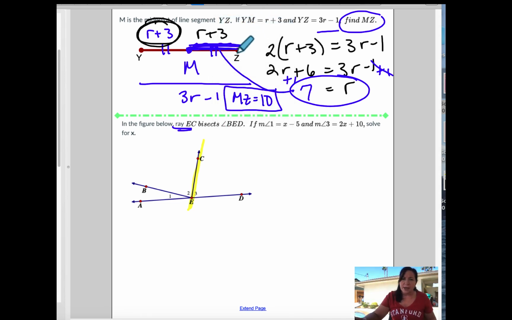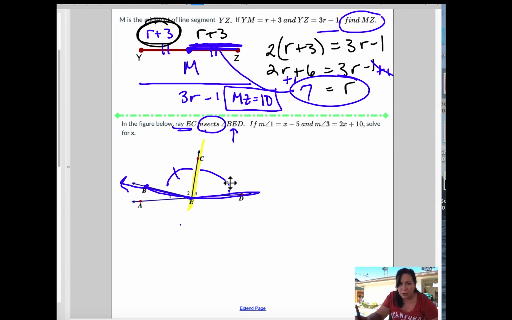So it cuts whatever it is in half. That's what bisects means. So it cuts angle BED. So B, right? Start here. The middle letter is the vertex. That's the vertex. So BED, that's my angle, and it cuts it in half, which means that this angle is equal to that angle. That's what it tells you.